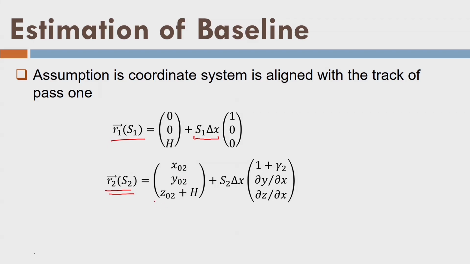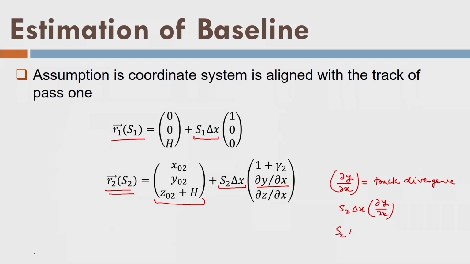R2 is this coordinate of the second sensor, and then this is the distance here. This distance is first calculated to the dy by dx, that is the track change or track divergence in y direction. So if I consider this track divergence, I have put the correction by this amount, that is S2 delta x into dy by dx.